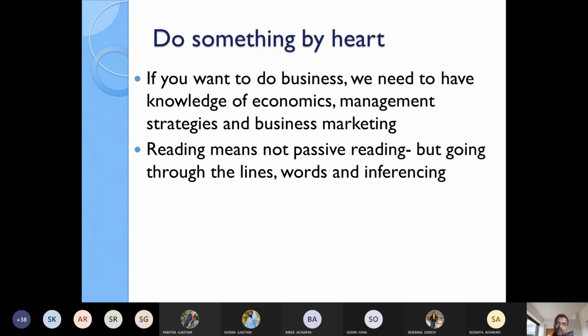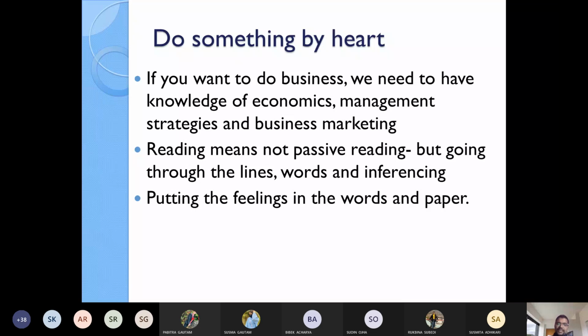Reading does not mean turning the pages, and reading does not mean passive reading, but reading means going through the lines that we have just done before, going through the words and inferencing. Here the word inferencing refers to making the analysis. When you read, you need to understand, you need to internalize in your mind what you are reading.